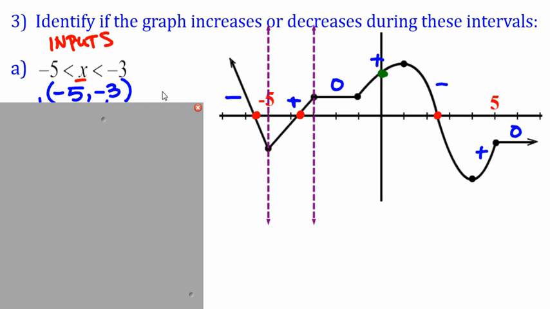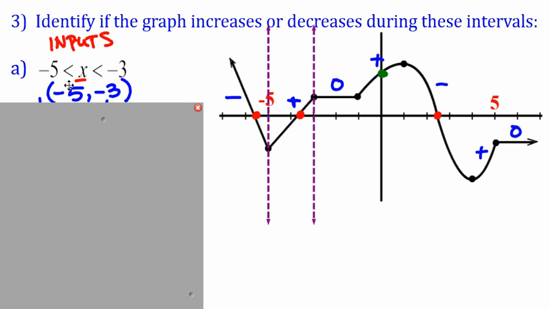Now intervals can be written as inequalities, but we also have another notation that we could use, and I wrote that below. Now, we have the negative 5 as our left bound, and we have the negative 3 as the right bound. Because they are not included, again, think going back to when we're graphing our inequalities on the number line. When they were less than or greater than, we were saying that those did not meet the requirements for that rule.